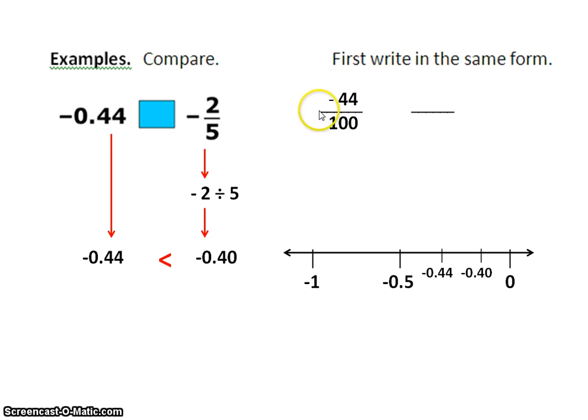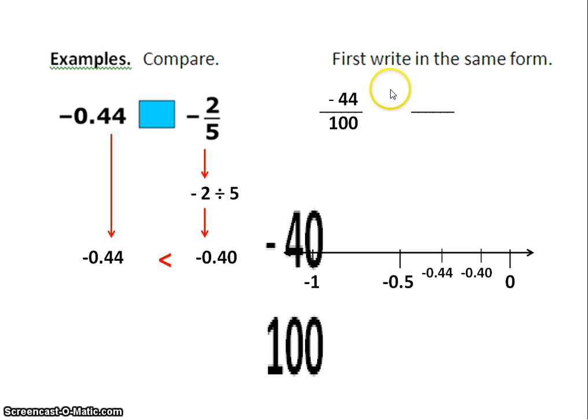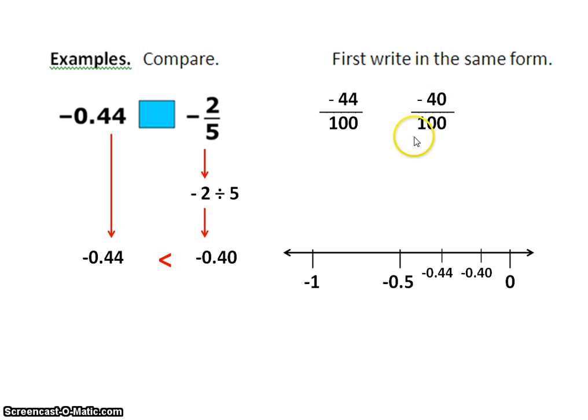I would write that as a fraction here. Negative 2/5 could be written as a fraction over 100. 5 times 20 is 100, so 2 times 20 would come out with 40, and it's negative. So I would have negative 44 hundredths or negative 40 hundredths.